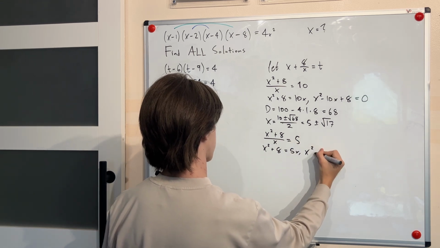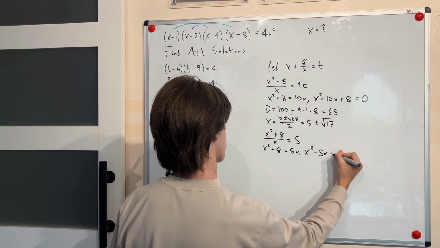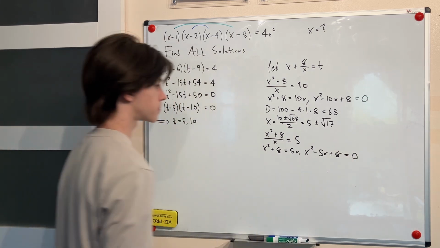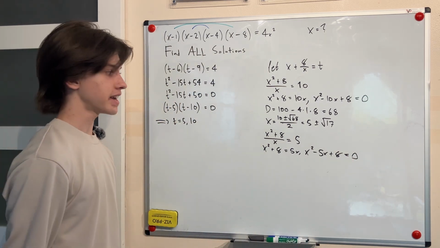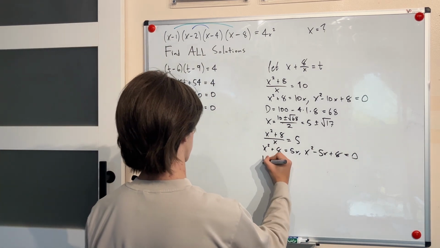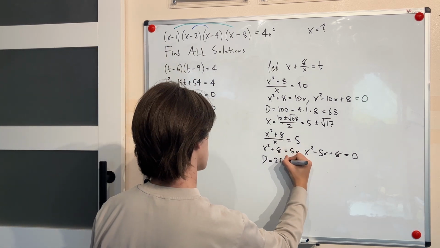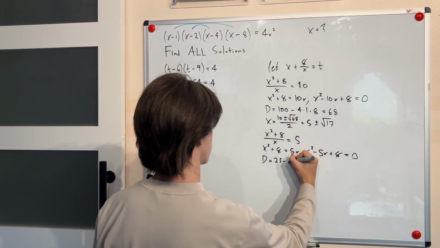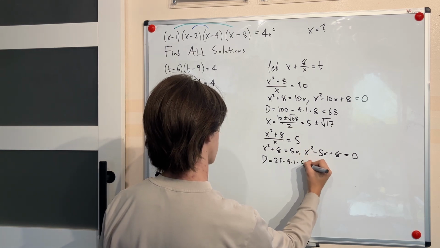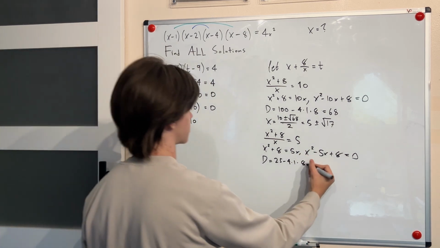And move over 5x, x squared minus 5x plus 8 is equal to 0. Now, again, discriminant is going to be 25, so b squared minus the same 32, which is going to be, I believe, minus 7.